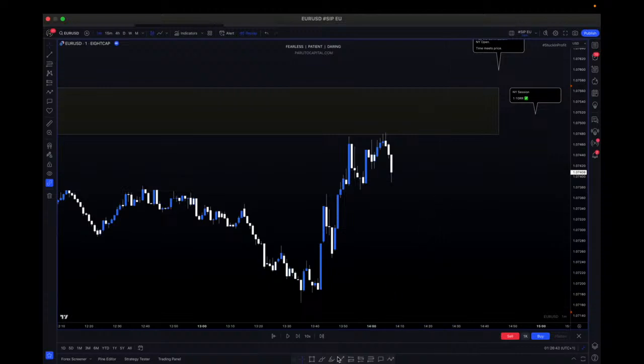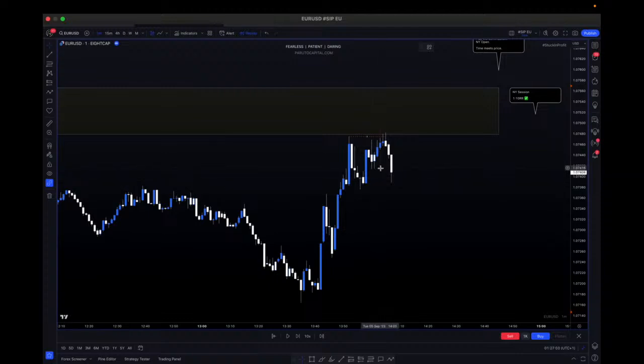Now let me show you something. I teach this in the course, so those who are on the course will understand perfectly. You can either take this one here, which has a sweep of liquidity. We had that, and then price failed to close above it, and then we had this rejection, and you can see this change of character here.